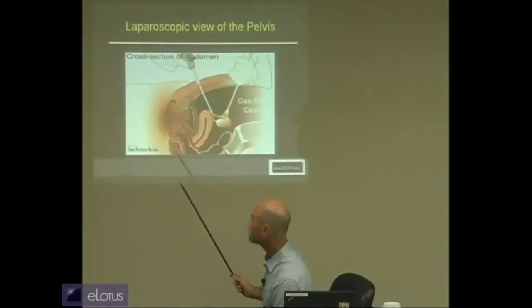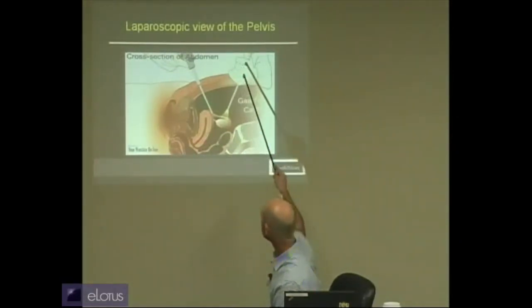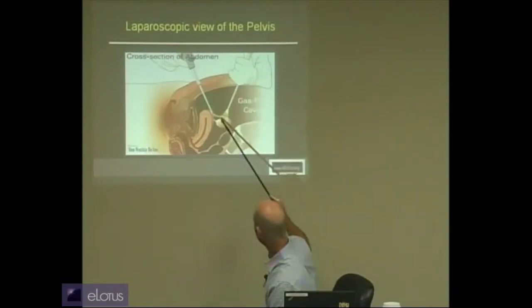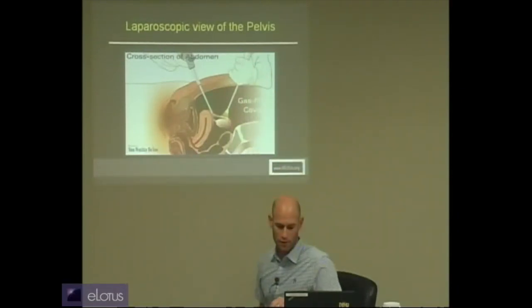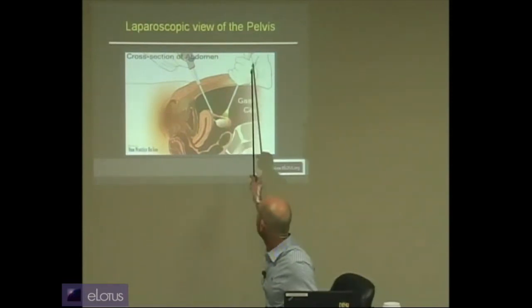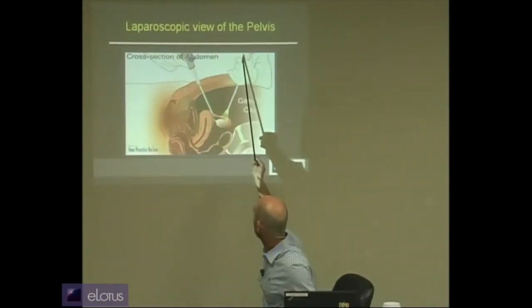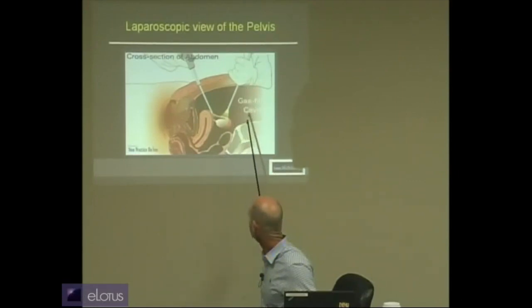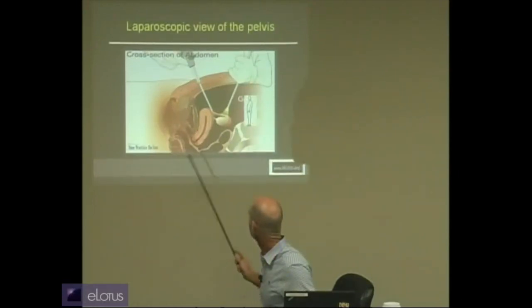So the view we have when we're doing a laparoscopy is from this camera. One of the best ways to think of that view is if you were to miniaturize yourself and stand in the belly button and then take an elevator straight down and you're looking this way. So picture yourself now standing here looking down towards the feet.